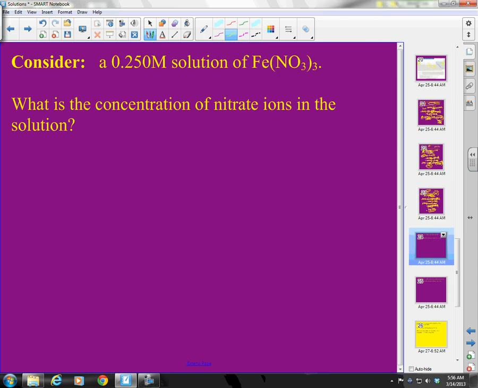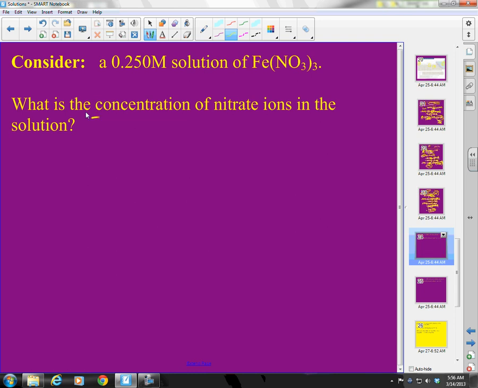All right. I look at this and it says I have 0.250 molar solution of iron 3 nitrate, but it doesn't tell me anything about grams or moles or liters of solution. What am I missing here? Well, what's the question?